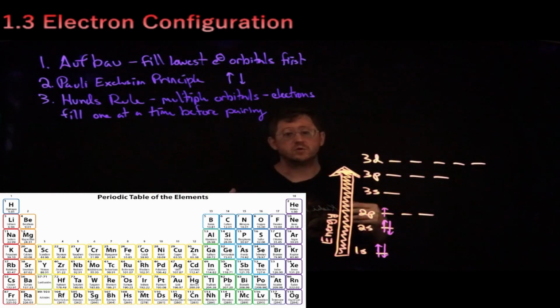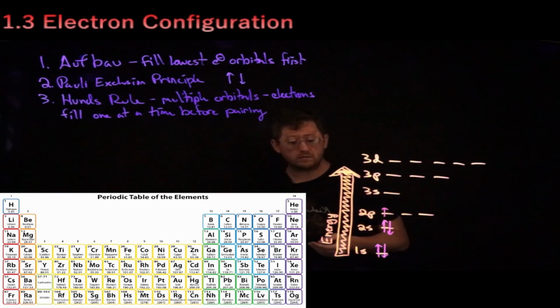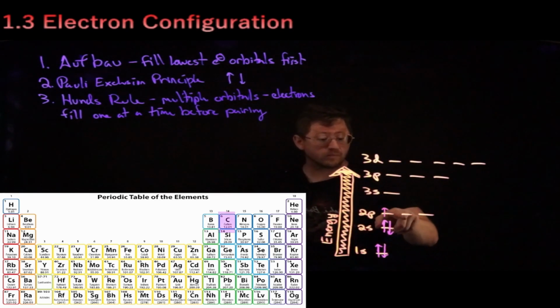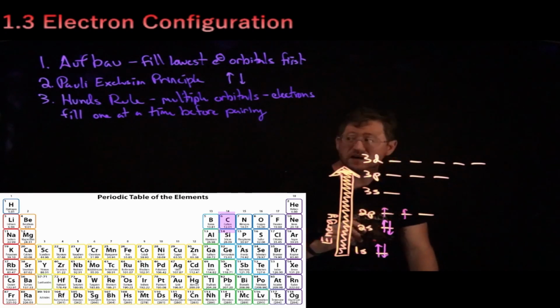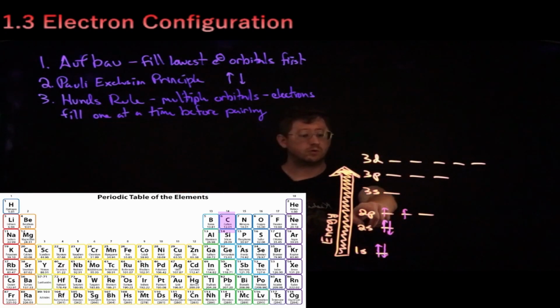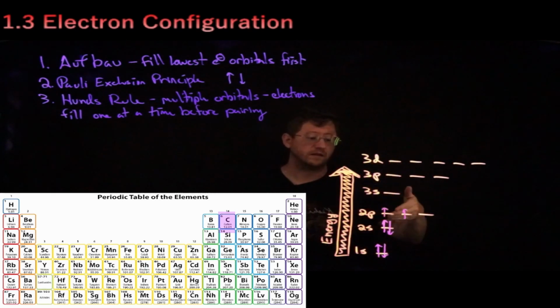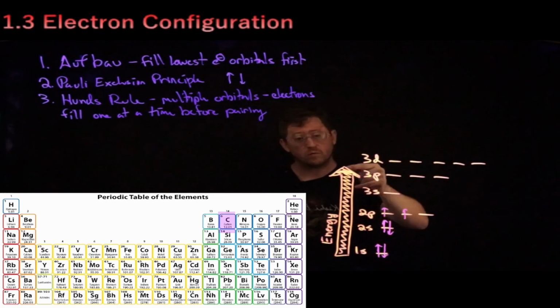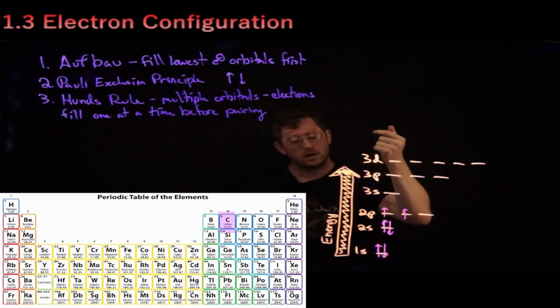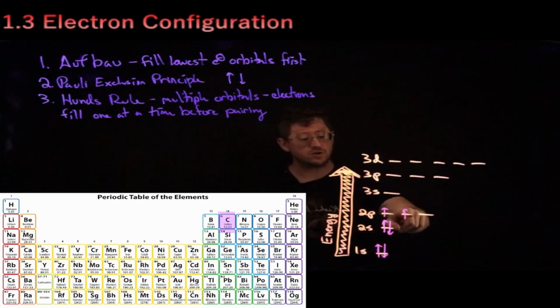This course is going to primarily focus on carbon, and carbon has another electron, but because of Hund's rule, where we have multiple orbitals, electrons are going to fill across those before coming back and pairing up. Carbon now has 2 orbitals with a single electron in each, and that third p orbital is empty.